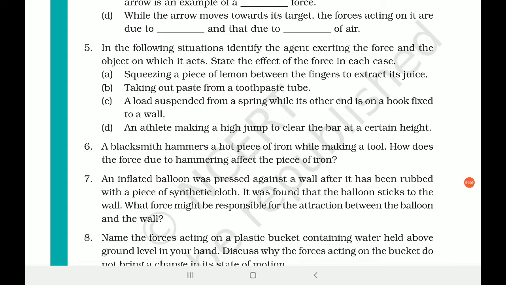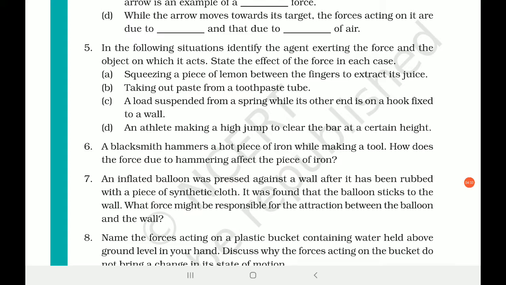Second, the object on which it is acting is the lemon, and the change in shape is the effect, right? Taking out paste from a toothpaste tube, it is again the person who is squeezing who is the agent. The paste is the object, and the change in the shape of the toothpaste is the effect of force.